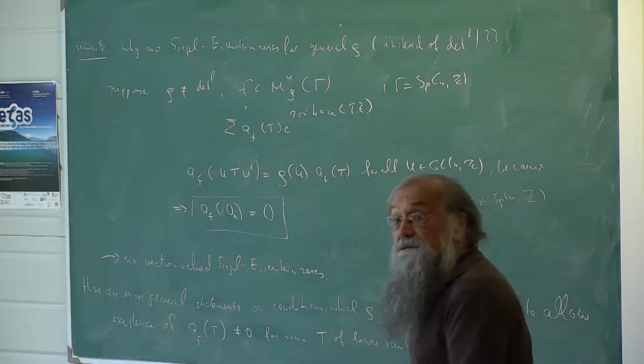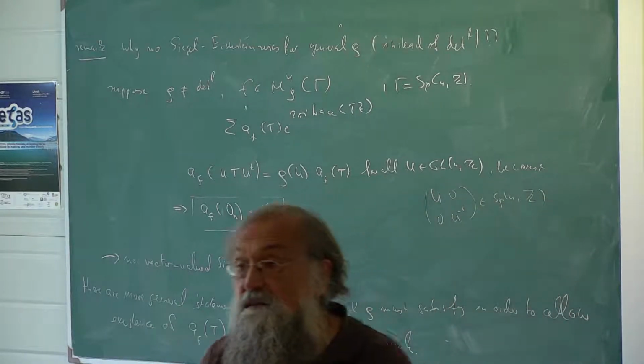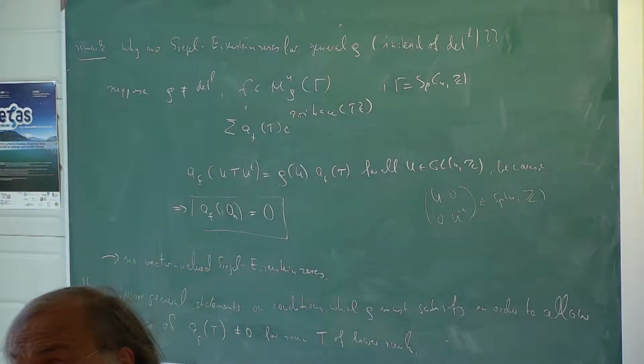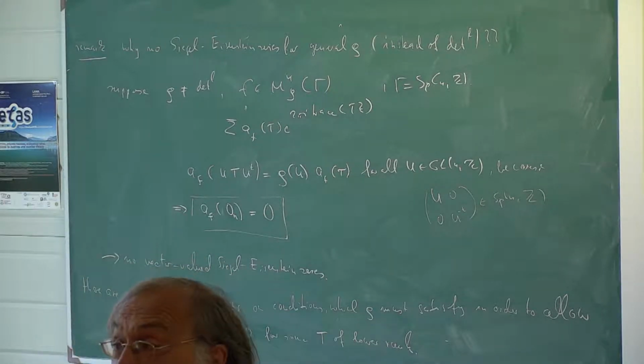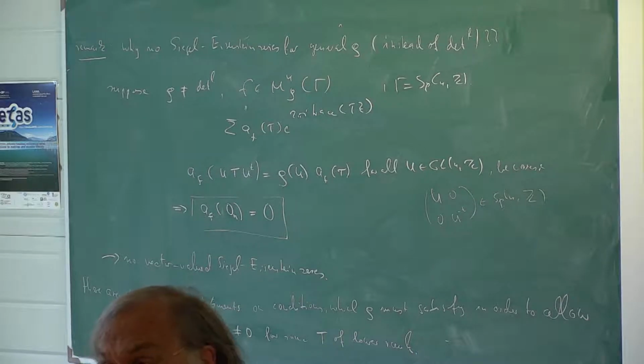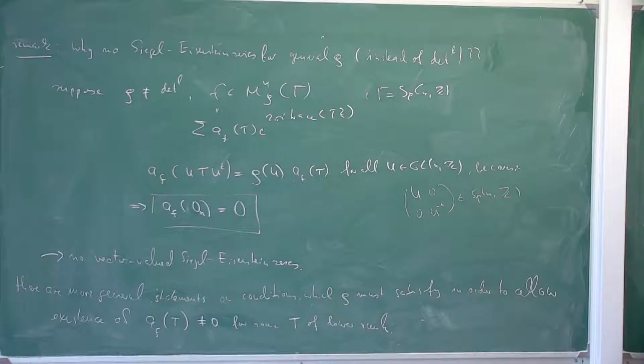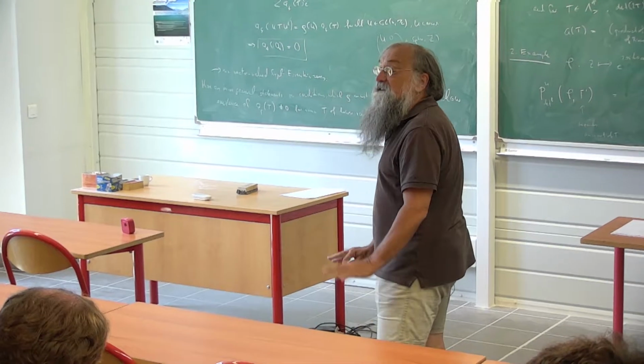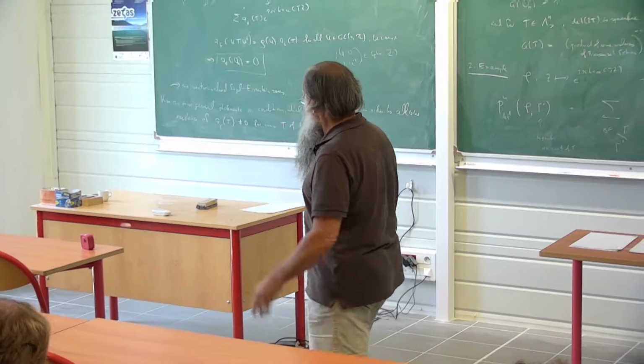Where one could find these statements? Yes, there is in fact a full paper on this by Weissauer in 1983 on vector valued modular forms. You can find precise statements on this.